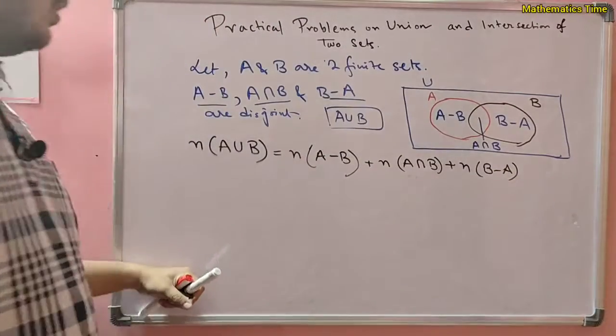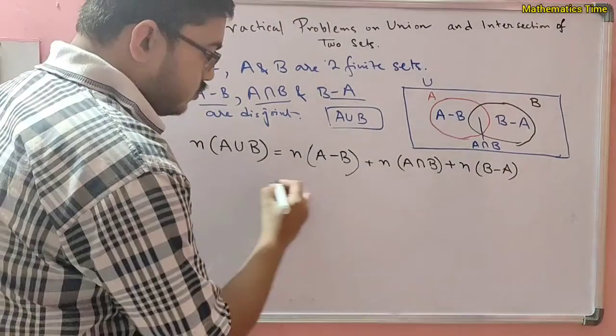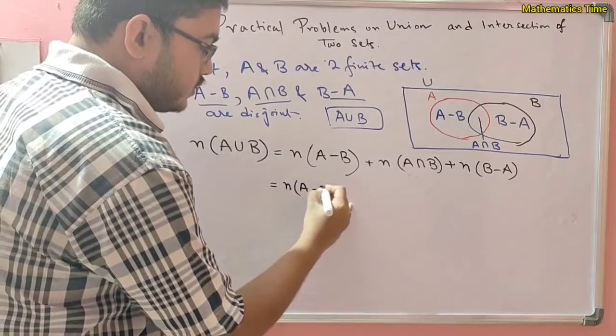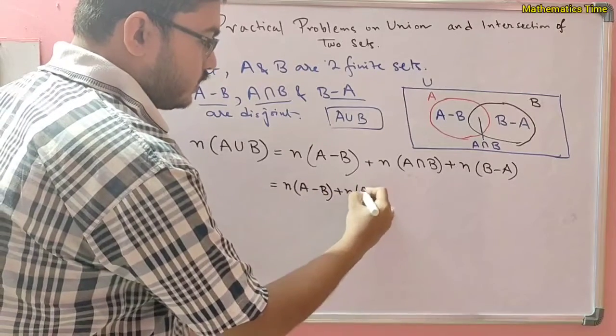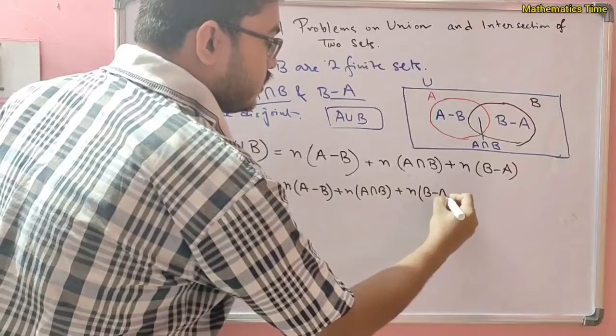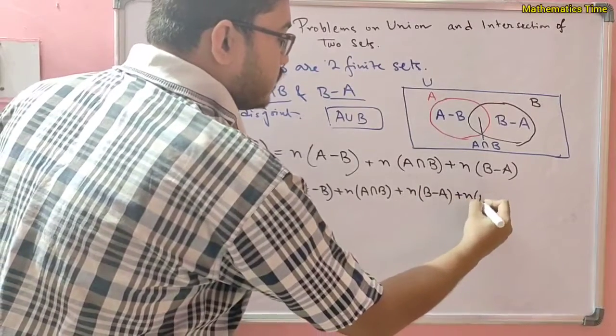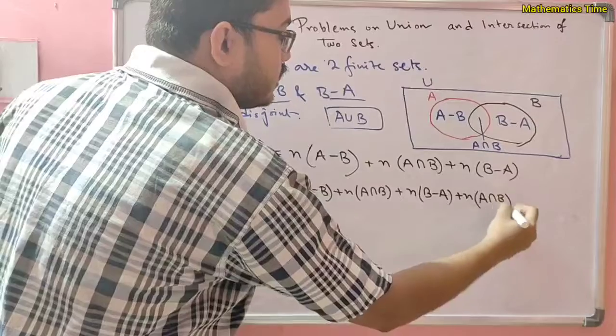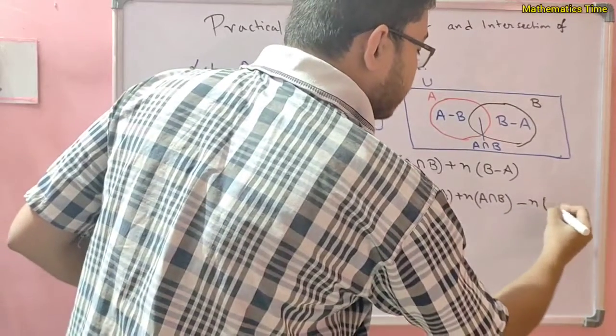So we are writing like this: plus n of A intersection B, and this is n of B minus A. We are adding n of A intersection B and subtracting the same.